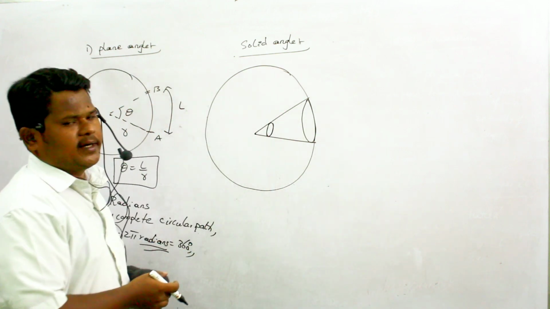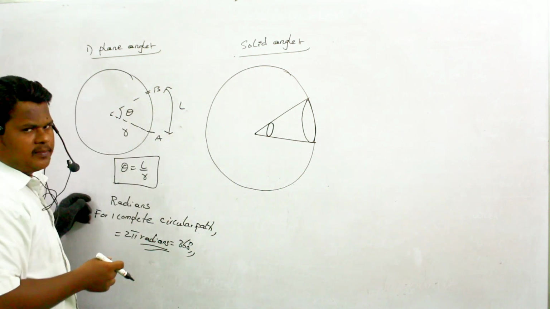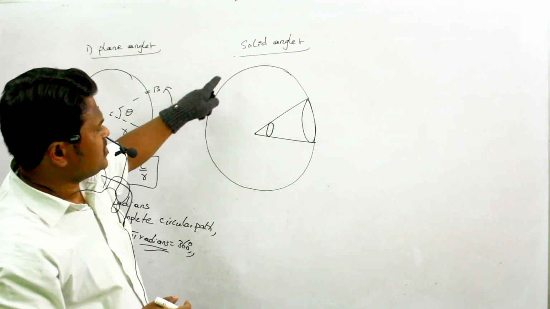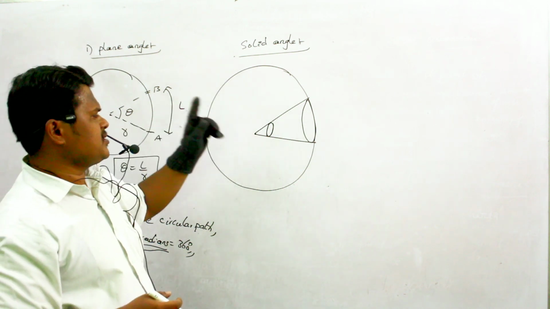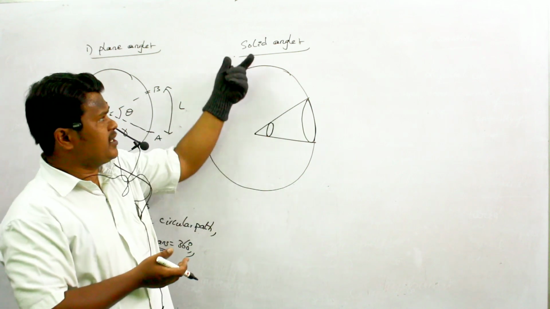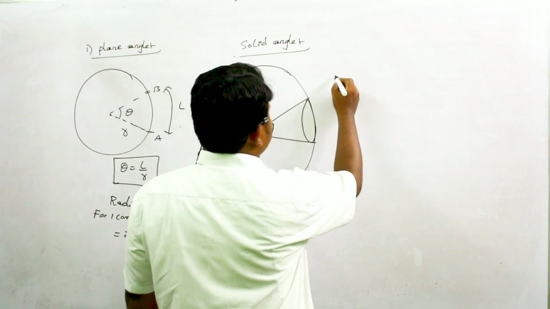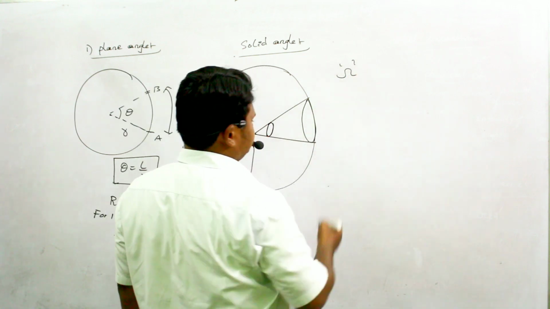that is called solid angle. Here this angle theta is 2-dimensional, but the angle which is formed at the center of this sphere is an example of a 3-dimensional angle. Such a 3-dimensional angle we call solid angle, and it is measured by the symbol sigma.